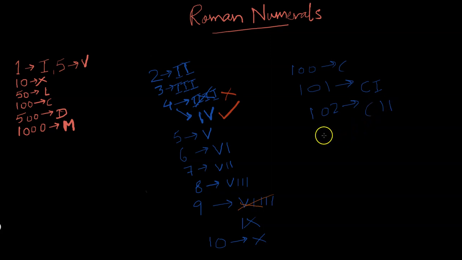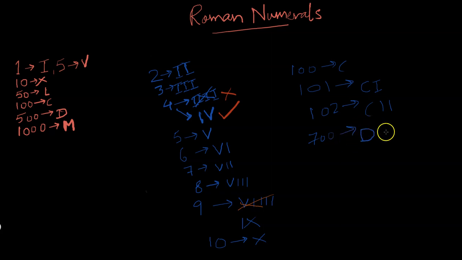What about some random number? Let's pick 700. We have 500 here on the left, which is D. We need to add 200 to it, right? So we can write down D here, which is 500, but to make it 700 we need 2 100s.